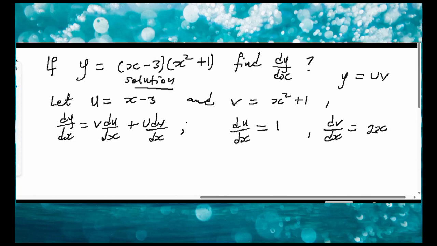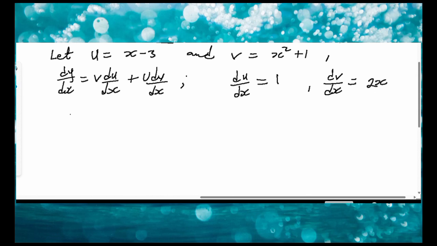Right? So upon writing this, the next step is you're just going to do some sort of substitutions. Wherever you see v, you put x squared plus 1 there, and wherever you see u, you substitute x minus 3 there. In place of du/dx, you have 1. In place of dv/dx, you have what? 2x, right? So let us do that substitution, and afterwards probably some simplification. dy/dx is going to give us v, and our v is what? x squared plus 1.